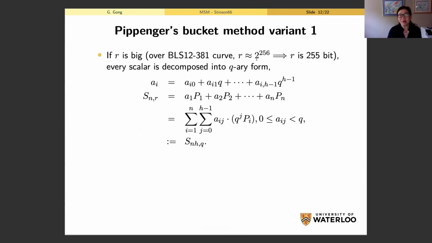In this case, we represent each scalar in a q-ary number digit representation. Then our MSM can be rewritten in this form, where the bucket size will be q instead of R. That's Pippenger's first variant method.